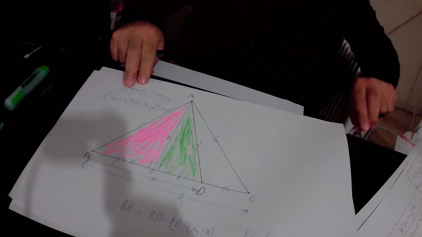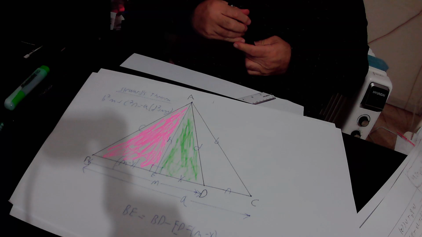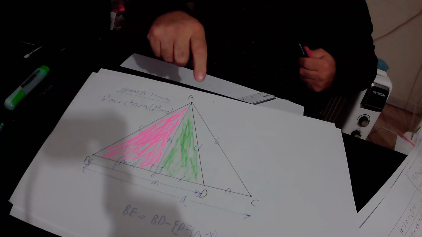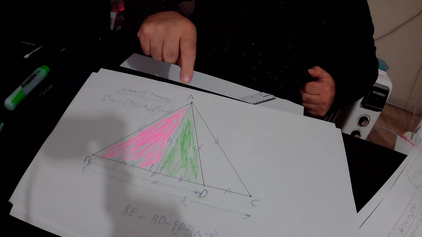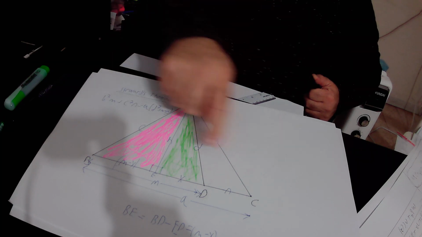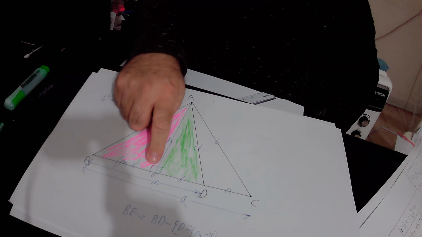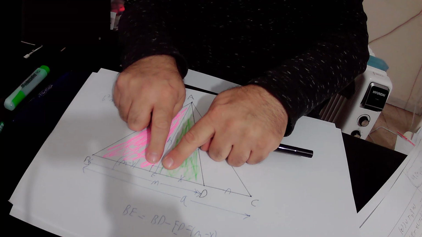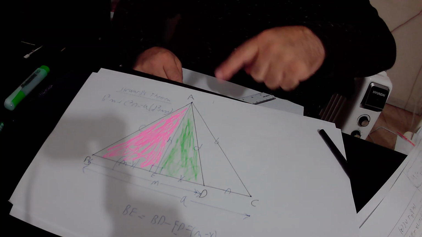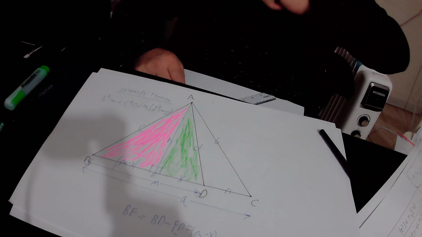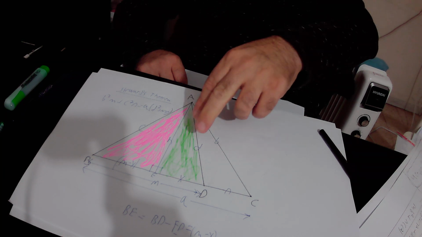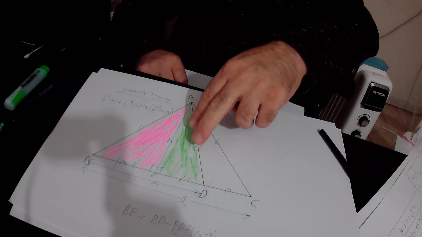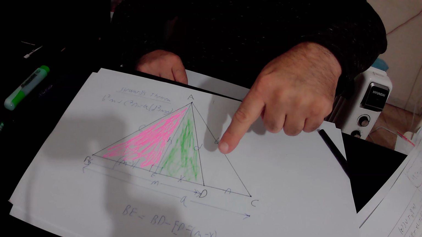We proved this equation by doing a construction here. From point A, we draw a perpendicular on BC. So this angle equals 90 degrees according to our construction. We define the touching point of the perpendicular from point A and BC as E. Then we implemented the Pythagoras theorem in this green triangle, triangle AED.